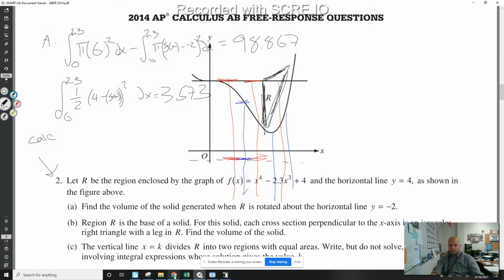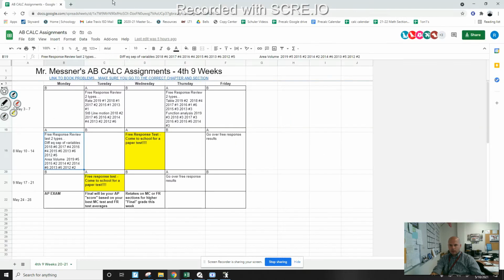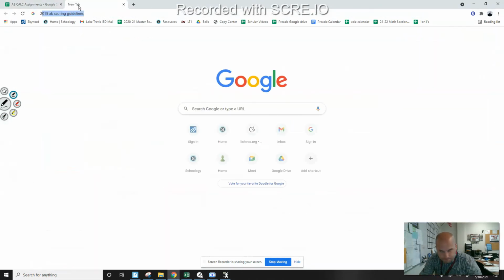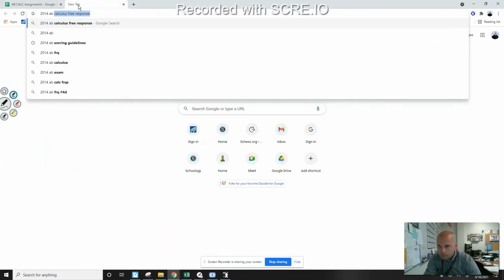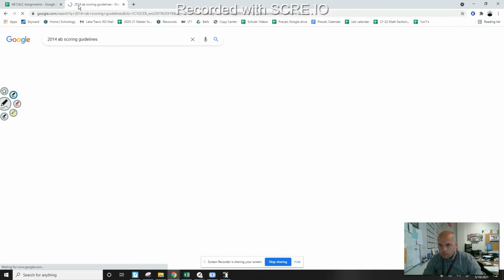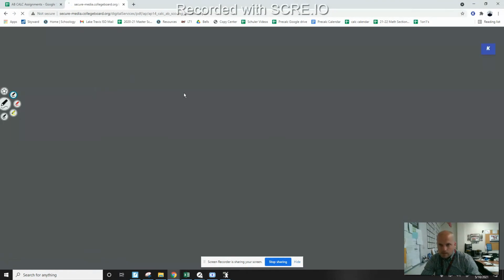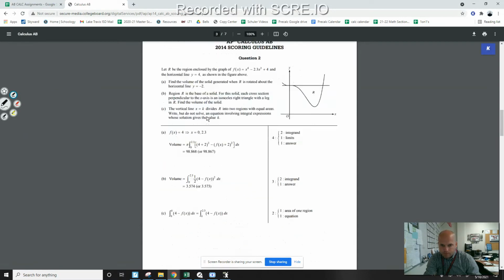So let's look at 2014 scoring guidelines. All right. Yep. 4 points. One for an integral, one for our limits, one for our answer.